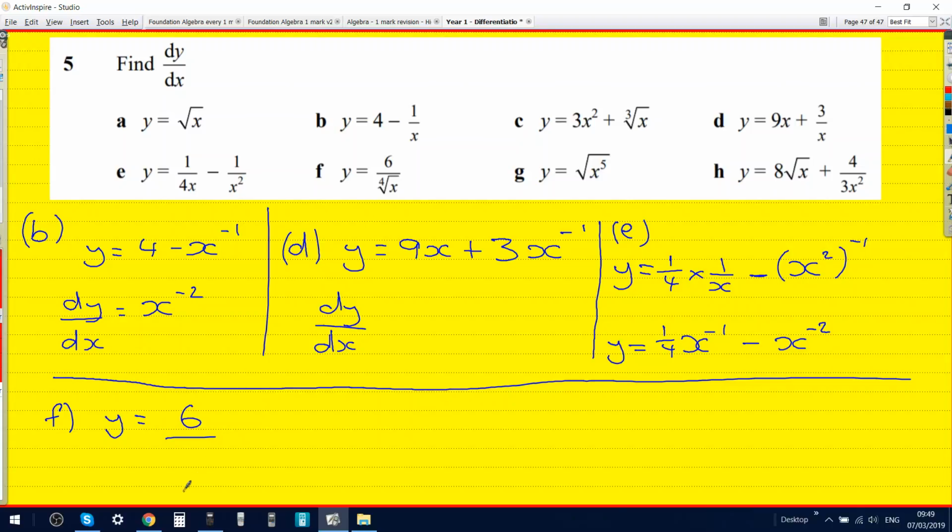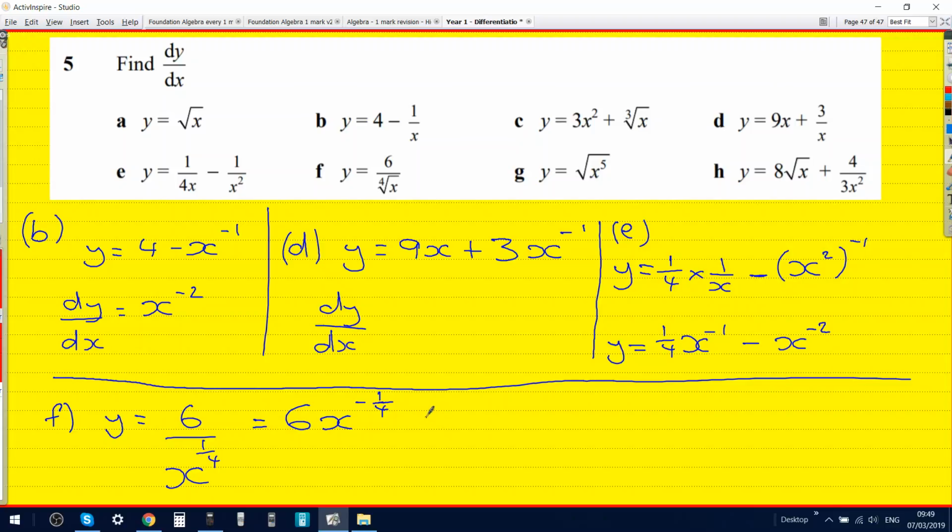How do you write that as an index? X to the 1 over 4. Yeah, so that's x to the 1 over 4. And then what would that be after the x is brought up? X to the minus 12. Yeah. And then you would differentiate that.